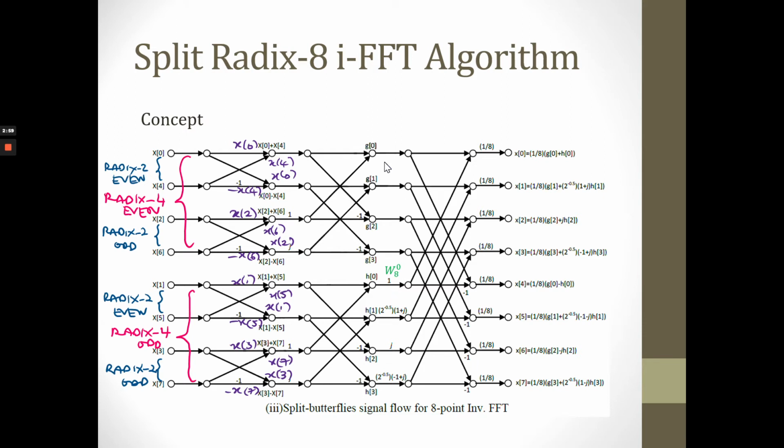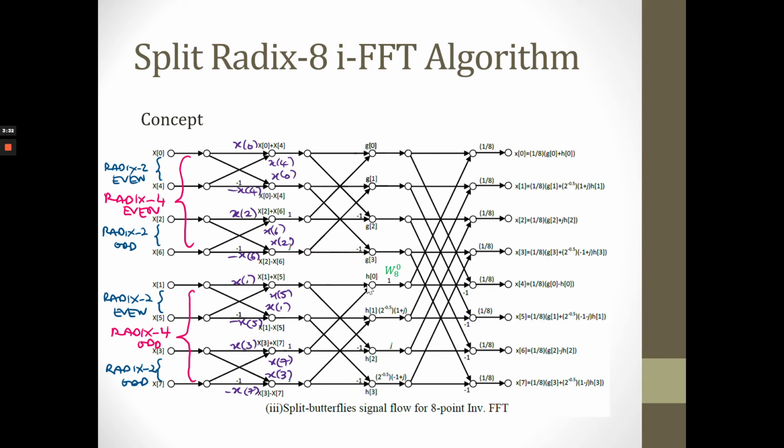So this one is the equation for G0, this one for G1, this one for G2, this one for G3, this one for H0, this one for H1, this one for H2, and this one for H3. So we sum at this point, this is the summation point, so this is G0.